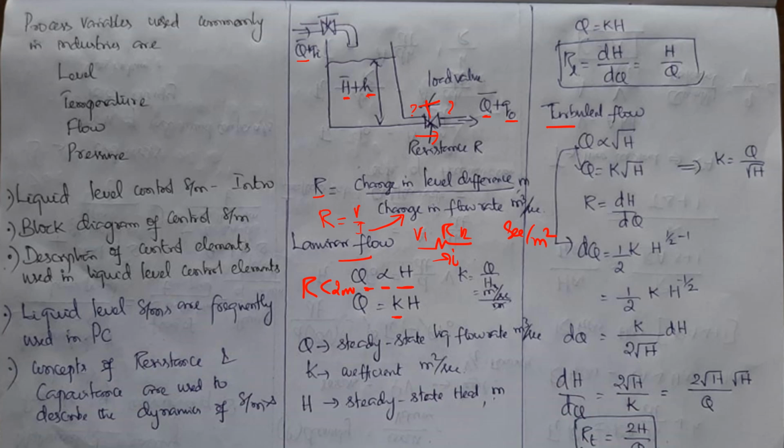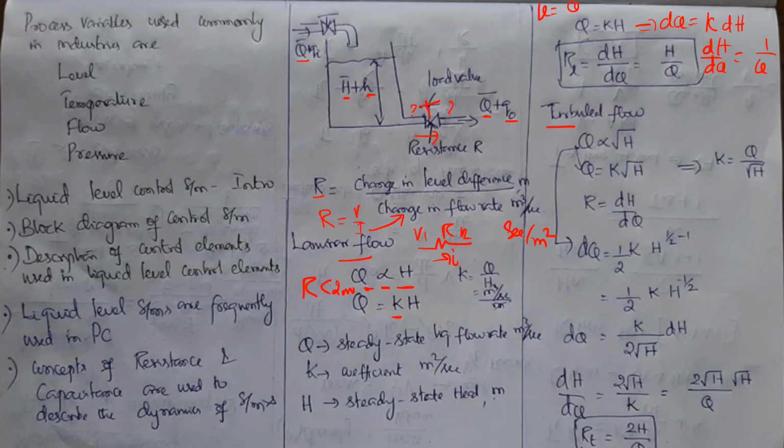Since this is change in flow rate and change in level, if you differentiate, you will get dq equal to k into dh. For resistance, I need dh by dq. So dh by dq is equal to 1 by k. So from this, what is k?